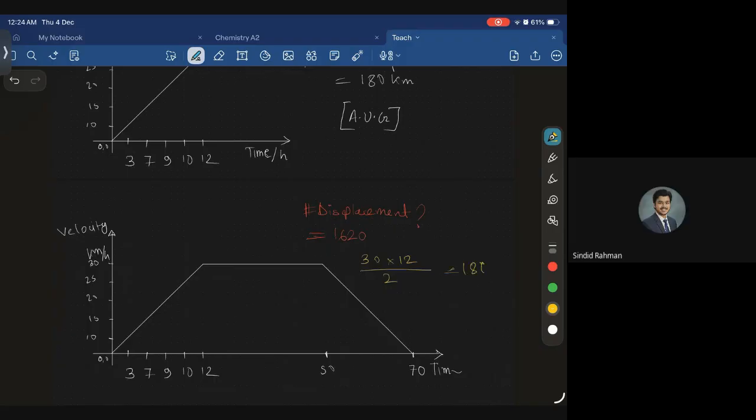And then this gives me the area of this part, right? 38 times 30.